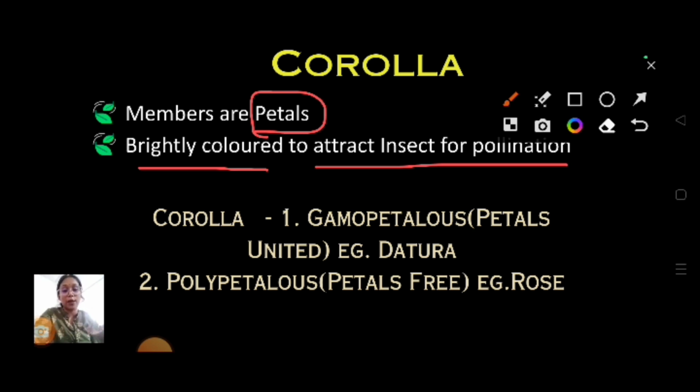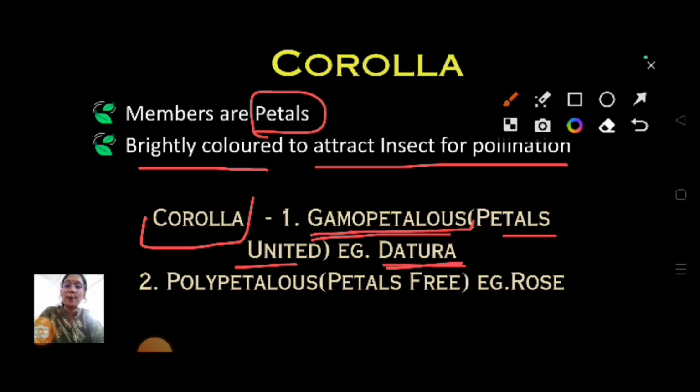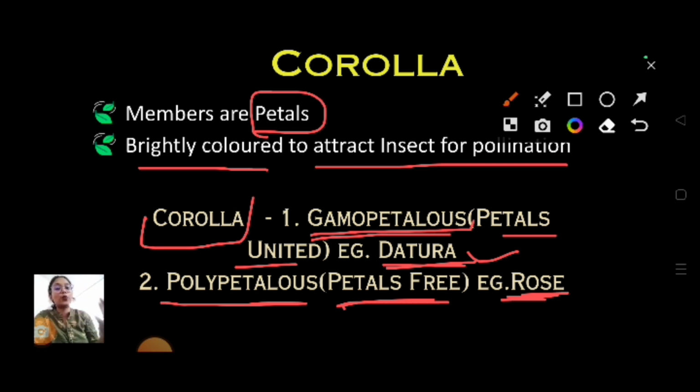In the corolla, there are also two conditions, like we have in gamosepalous: gamopetalous, where petals are united, like in the Dhatura plant, and polypetalous, where the petals are free, like in the case of rose. Polypetalous and polysepalous we can see in the case of rose. And gamopetalous and gamosepalous we can see in Dhatura. Is it clear?